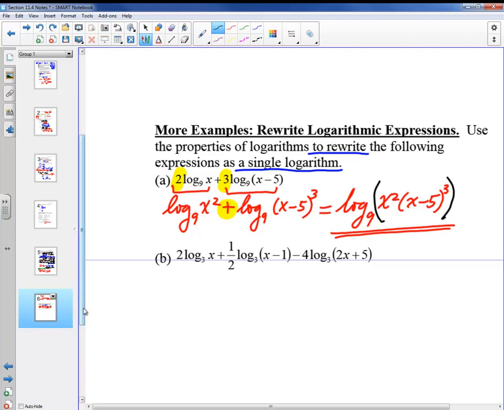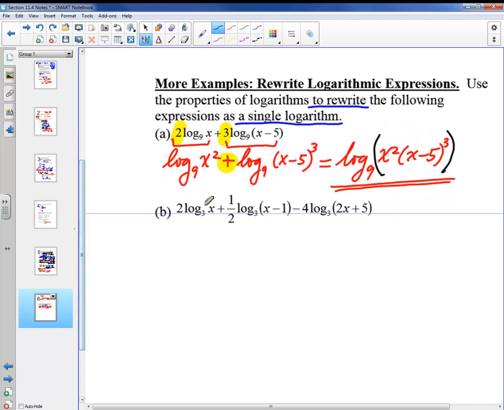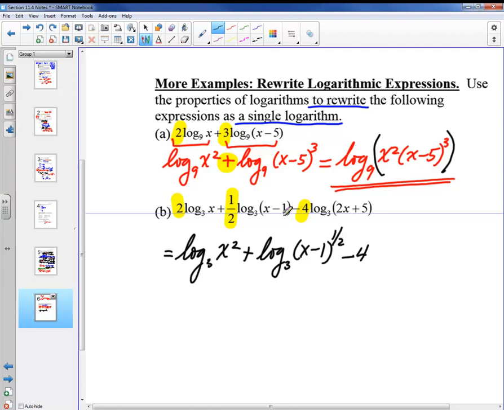So when we're doing this process in reverse, it looks like taking care of the coefficients and changing them into powers is what we do first. So we do that here, and that would be log base 3 of x squared plus log base 3 of x minus 1 raised to the 1/2 minus, and keep the minus there, it will be 4 log base 3 of 2x plus 5, but I want to get rid of the 4.